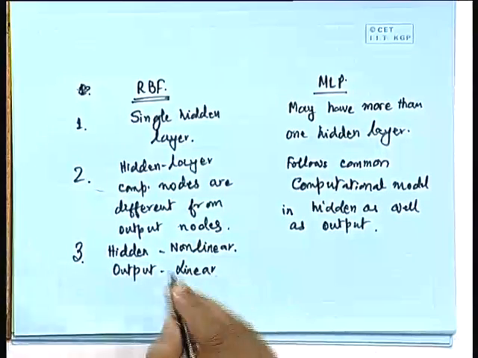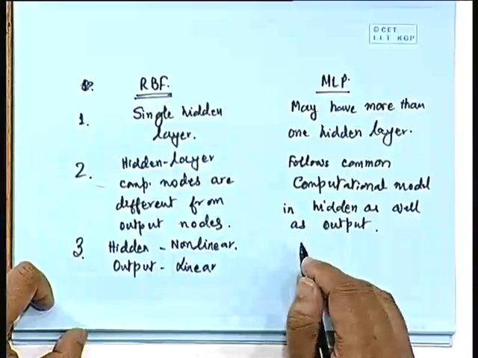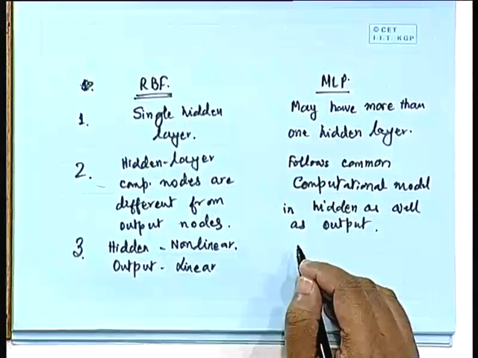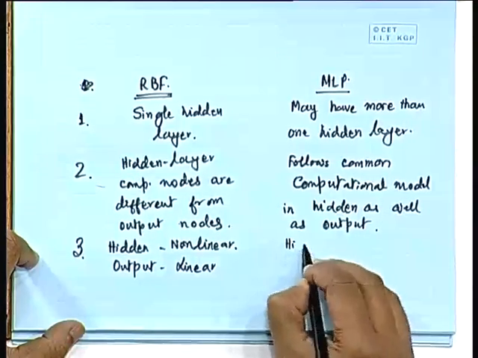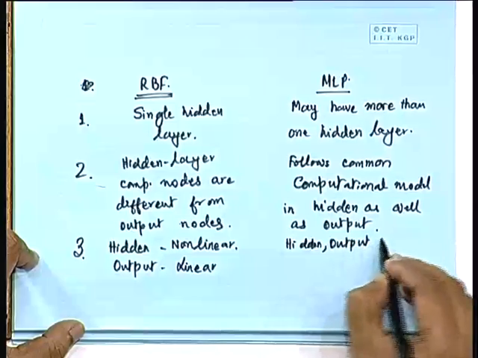We had seen that, because whatever nonlinear mapping had to be done, that was done in the hidden layer itself, and once the nonlinear mapping has been carried out, the rest could be linear. Whereas in the case of multi-layer perceptron, hidden is nonlinear, output also nonlinear. We are using the sigmoidal activation functions typically. So, hidden and output, both are nonlinear.